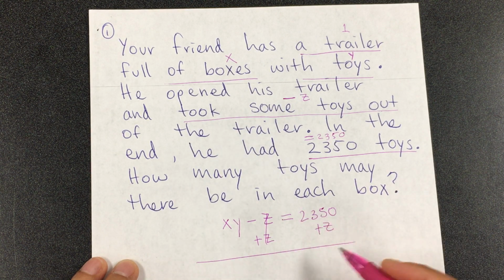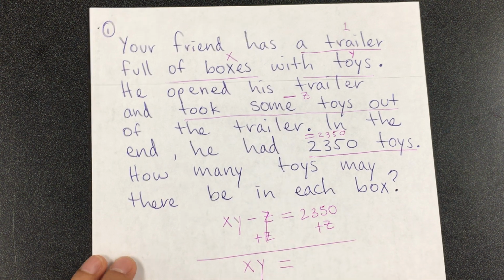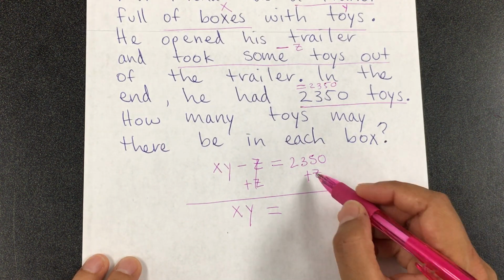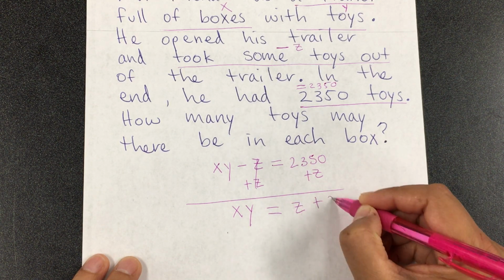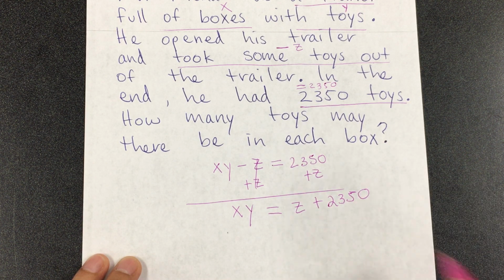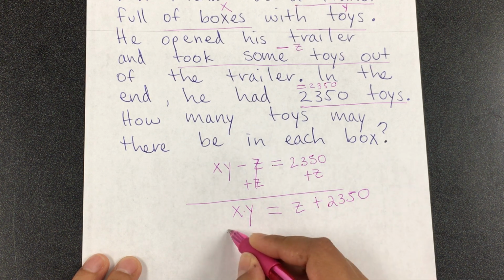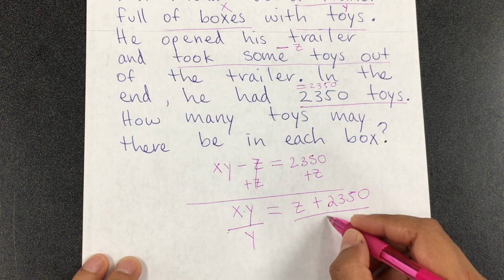These are not like terms. On this side, we end up with XY equals. Since we cannot combine these, we're going to put Z plus 2,350. Finally, this means multiplication. The opposite of multiplication is division. So we're going to divide by Y.